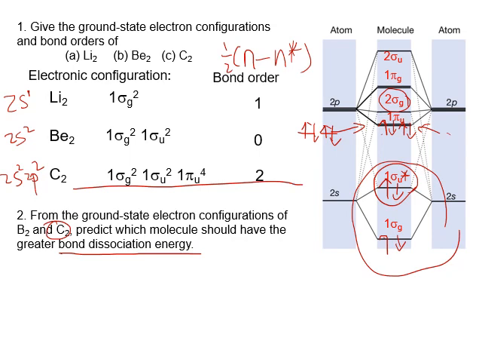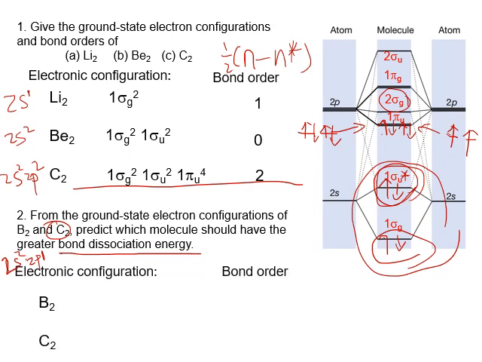Now, the electronic configuration for the boron atom is 1s2, 2s2, the valence electrons, 2s2, 2p1. Okay, so the total is 3 valence electrons times 2, that's 6. So 2 go to 1σg, 2 go to 1σu, and 2 go to 1πu.